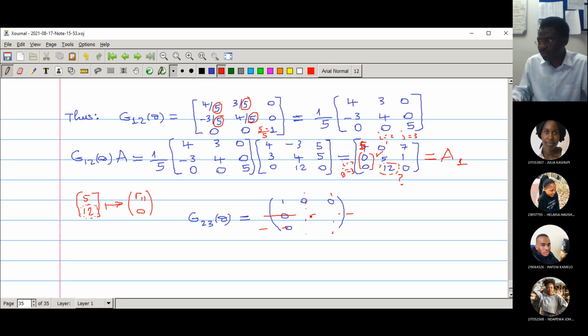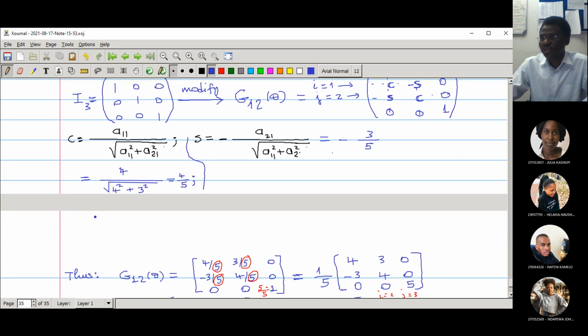So here we have C along the diagonals, and then S, negative S. And we know how to compute that. We use the formula. We repeat exactly what was done there. We know that this is our A11, this is our A21.